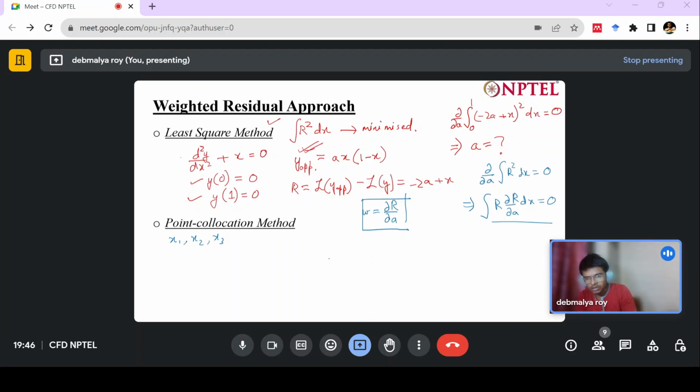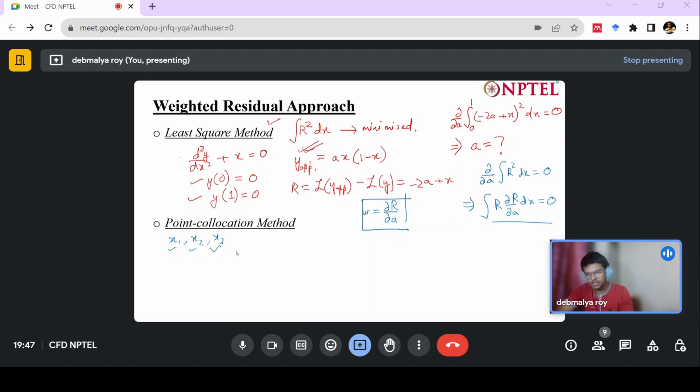Similarly, in the point collocation method, let's say x1, x2, x3 are some points. In the rest of the domain there might be errors, but at these particular points we want the residual to be exactly zero.